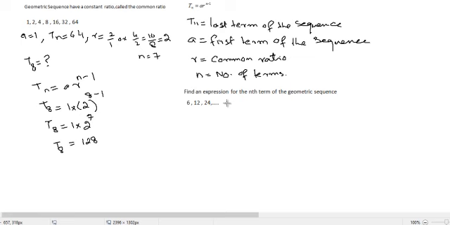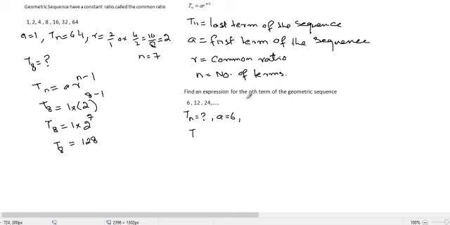So how to find that? Nth term of the geometric sequence means we are asked to find Tn. Tn is unknown, n is the number of terms. We don't know how many terms there are. So we will apply the formula, but before that we will see what is a. a is 6.